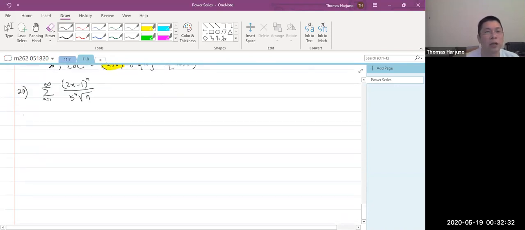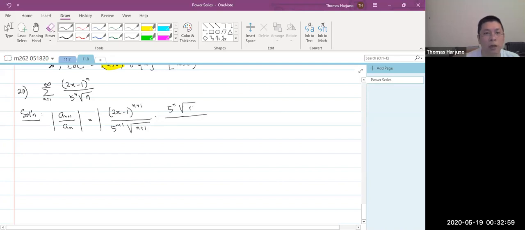Okay, by ratio test, that will be (2x minus 1) to the n plus 1 over 5 to the n plus 1 square root of n plus 1, times the reciprocal, 5 to the n square root of n over (2x minus 1) to the n.